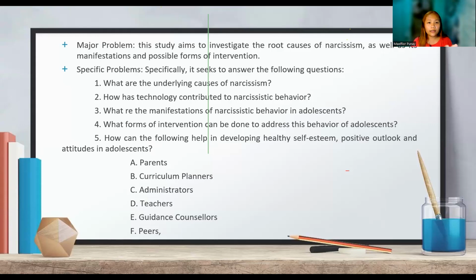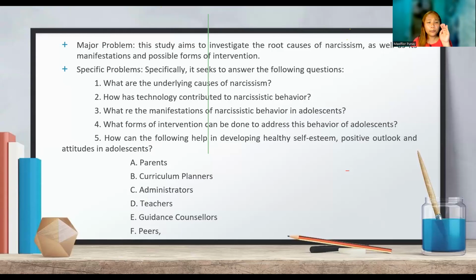And then after the general problem comes the specific problems, which is another paragraph. Specifically, it seeks to answer the following questions. Number 1, what are the underlying causes of narcissism? Number 2, how has technology contributed to narcissistic behavior? What are the manifestations of narcissistic behavior in adolescents?